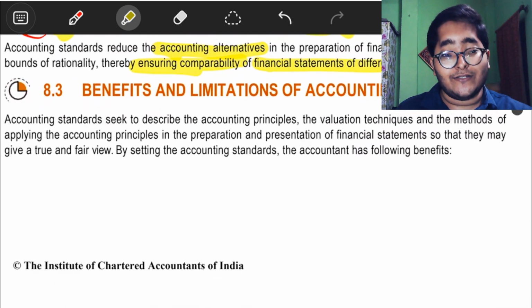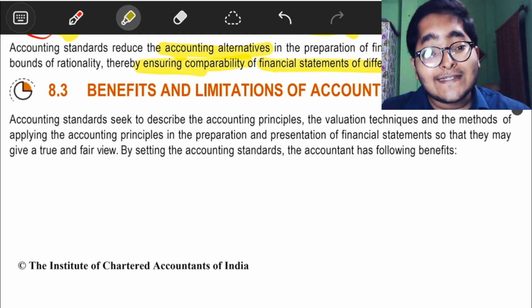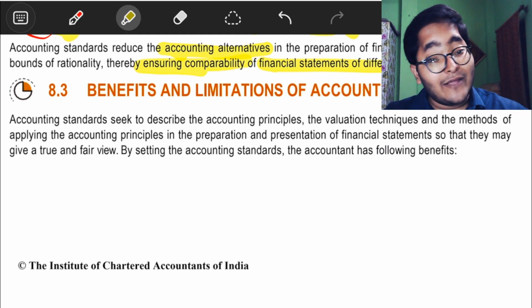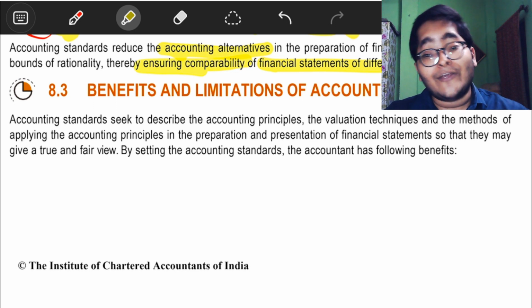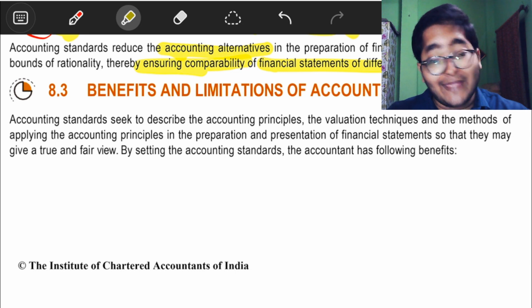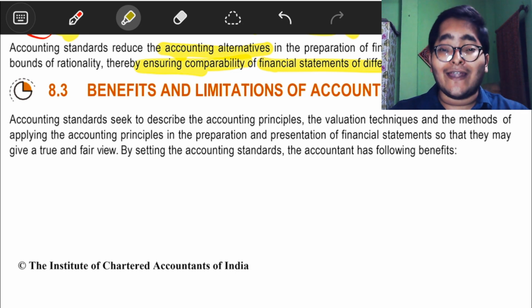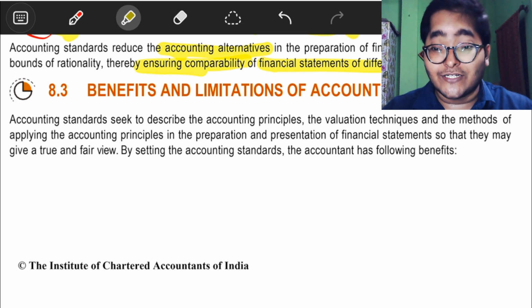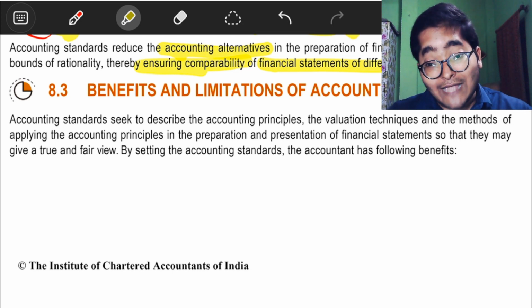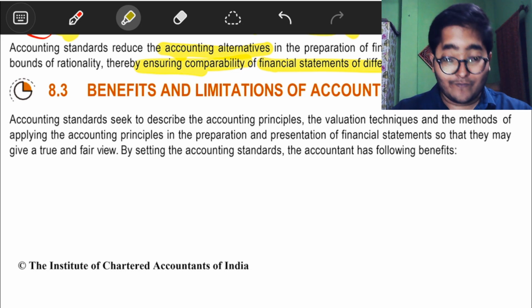Benefits and limitations of accounting standards. Accounting standards seek to describe the accounting principles, the valuation techniques, and the methods of applying the accounting principles in the preparation and presentation of financial statements so that they may give a true and fair view.